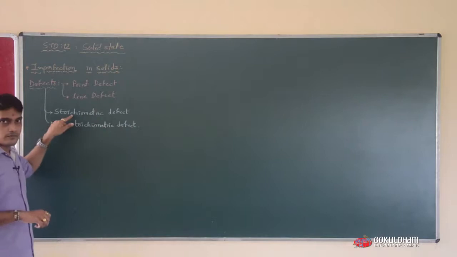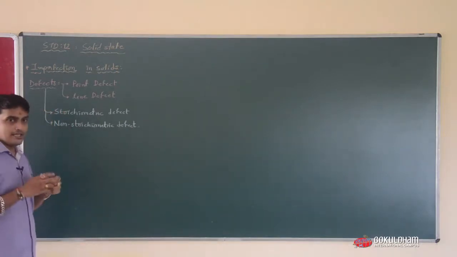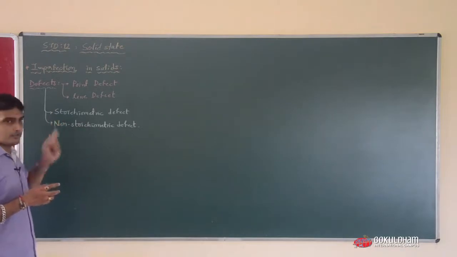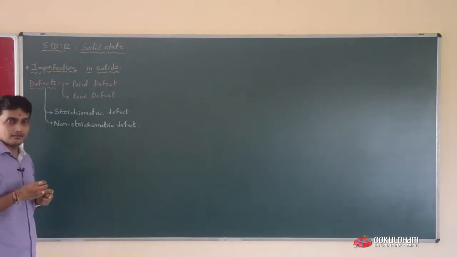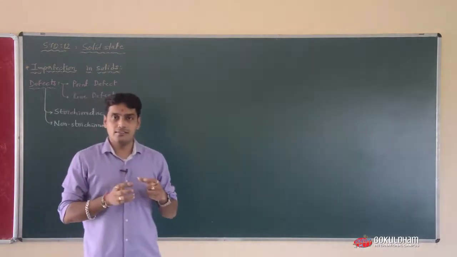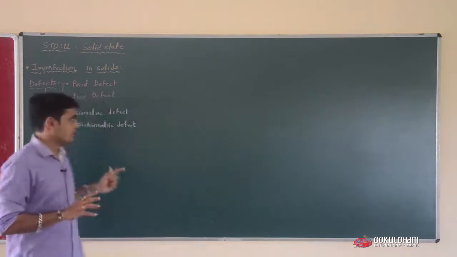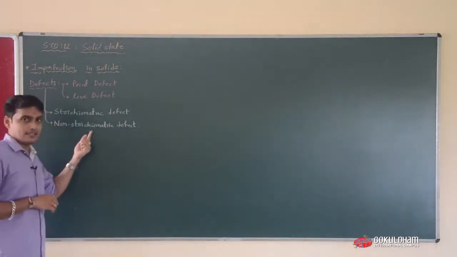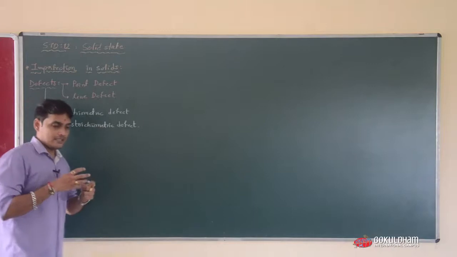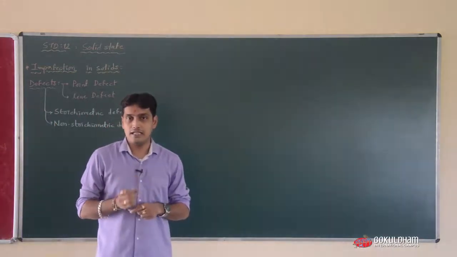Stoichiometric means if the defect is there in the solid, it never disturbs the positive or negative ion balance. Means after the defect also the number of positive and negative ions will be the same throughout the lattice. But in non-stoichiometric defect, there is a change in the number of positive and negative ions.